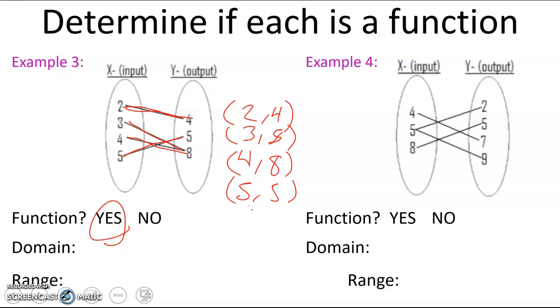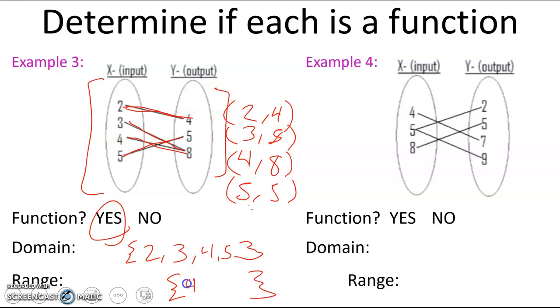And again, for the domain, I just list out my x values, these ones right here: 2, 3, 4, and 5. In the range, my y values, list them out: just 4, 5, and 8. Now if we go over here to this one, we notice that this 4 goes to exactly one y, but this 5 goes to not one y, but to two y's.